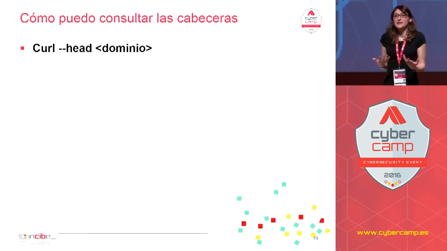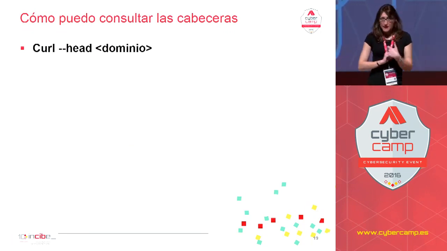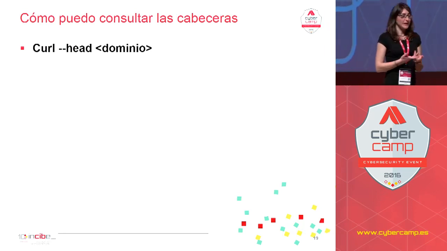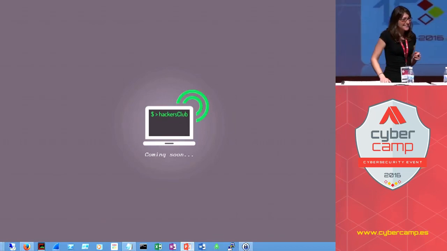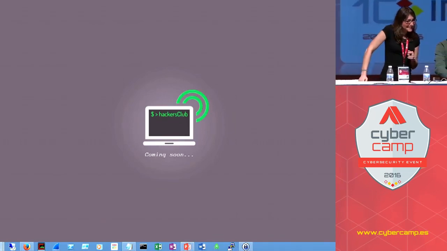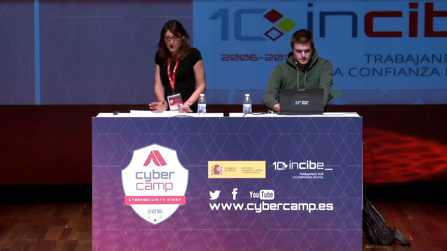I guess you are wondering, how can you consult those headers? Very easy. You just do curl. Pablo will help me out there. When we have a domain and we want to know whether it is using this protocol or not, we take a look at the headers.